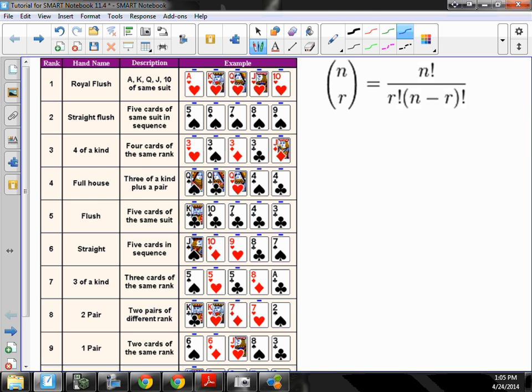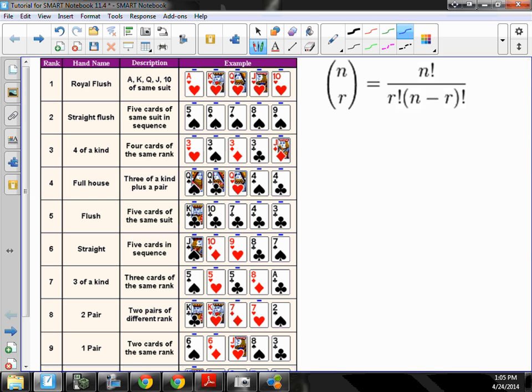But if I have all hearts and I have 1 through 5, that would be a straight flush, which is worth more. So there are 2 ways to do that. Either we weed out the straight flushes in the beginning, which is really hard to do, or we subtract them off when we're done. It's really hard to weed out the straight flushes while you're doing the calculations. The easy thing to do is calculate all the flushes and then just subtract off the straight and the royal flushes.